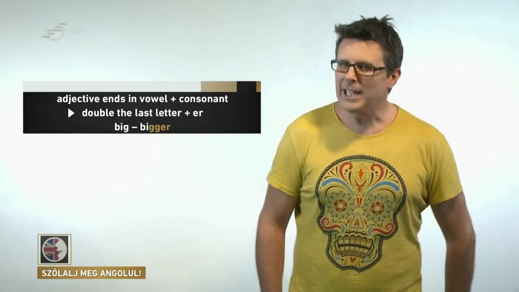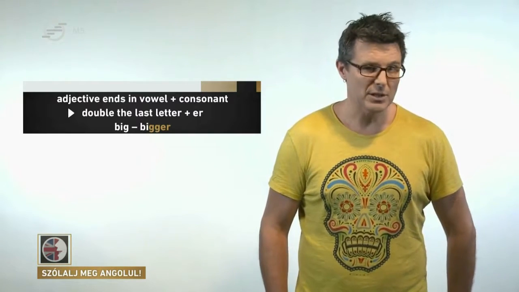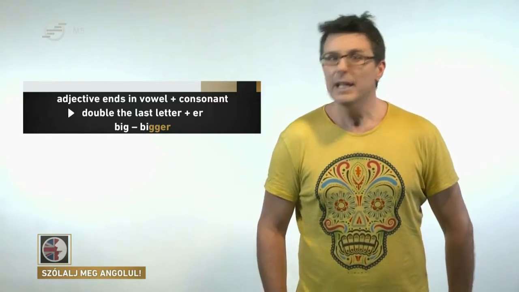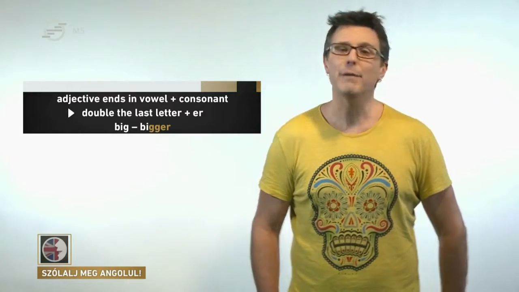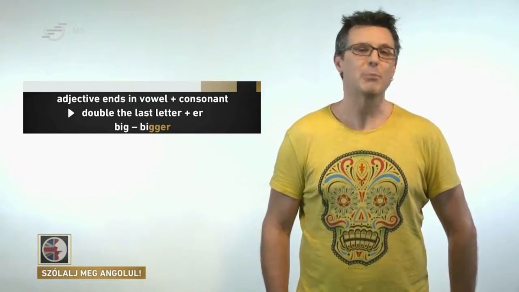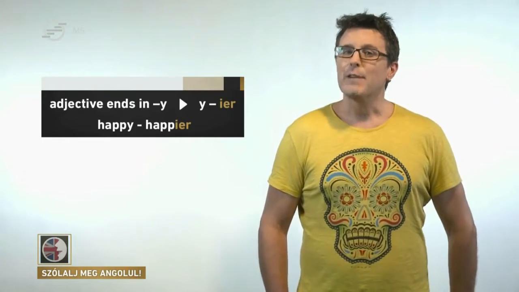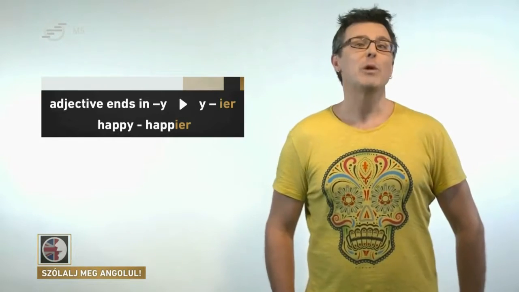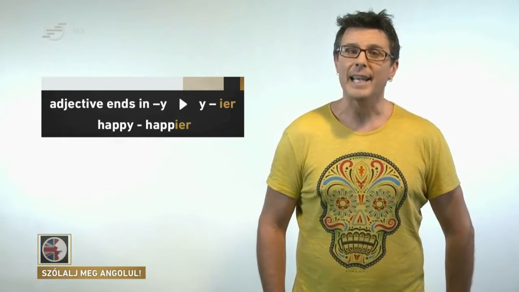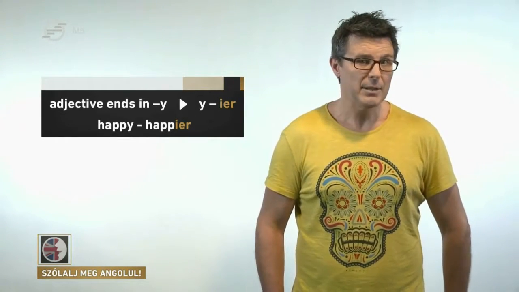Now, if the adjective ends in vowel plus consonant, like big, then we double the last letter before we add er. Big becomes bigger. Hot becomes hotter. If the adjective ends in a y, then we replace the y with ier. Happy becomes happier. Early becomes earlier.